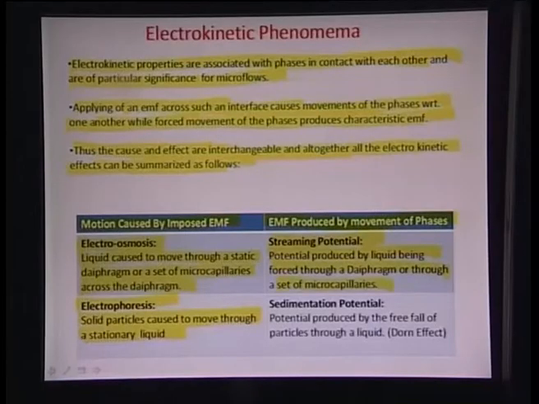And also the sedimentation potential, the potential produced by the free fall of particles, especially when they are suspended in a liquid medium. This is also known as the Dorn effect. This is also a mechanism in chemical industries to find out a lot of information about the quality of the colloid which is under investigation.